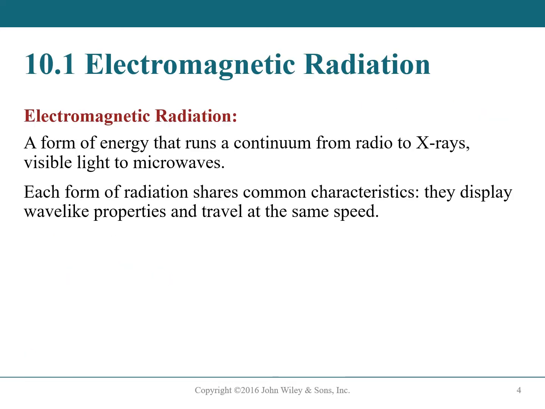So when we talk about electromagnetic radiation, this radiates from stars, it can travel through space, so it can travel through a vacuum, and it ranges from radio wavelengths to X-rays to even gamma rays.